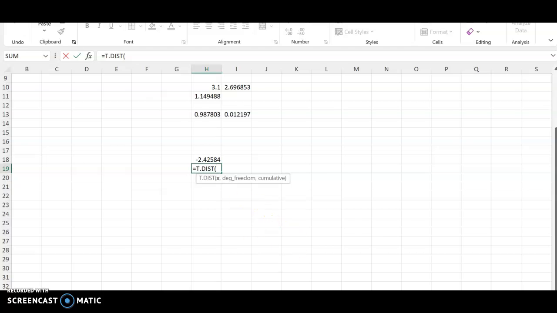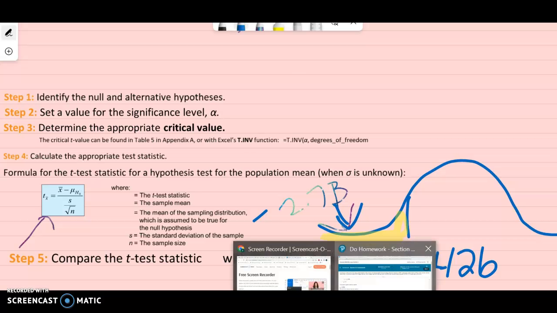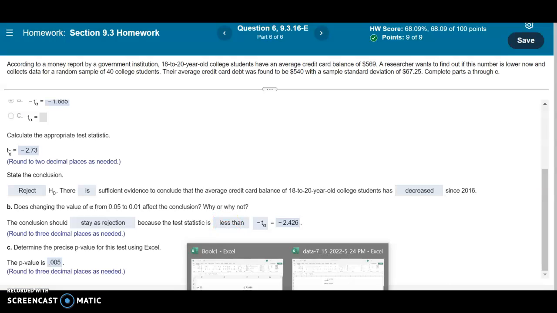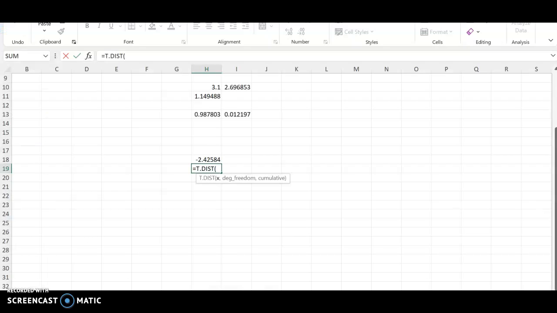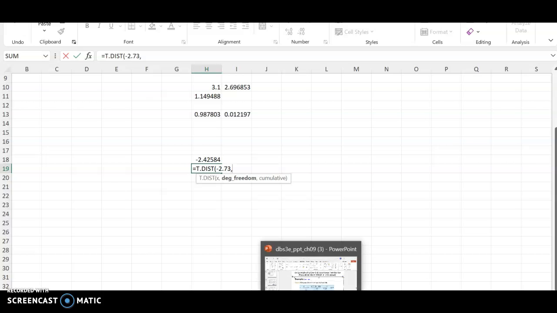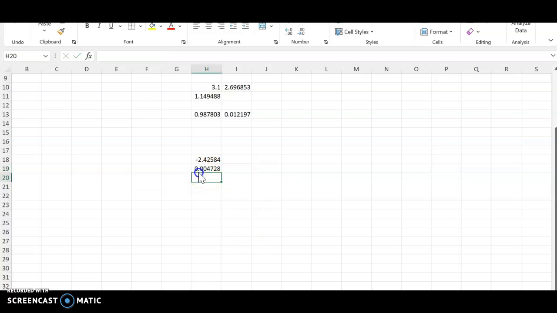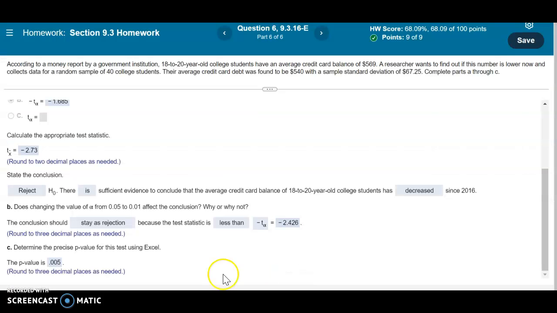So our test statistic, we got negative 2.73, I believe. And then our degrees of freedom, I guess it doesn't matter. We don't need alpha. So our degrees of freedom is 39. And yeah, this has nothing to do with alpha. So our p-value is 0.005.